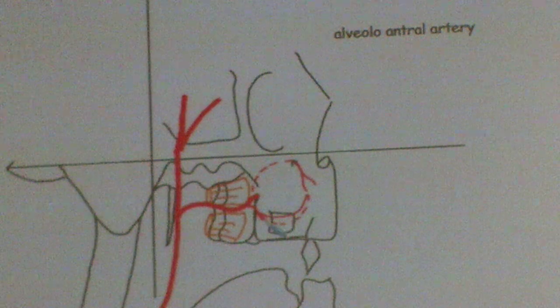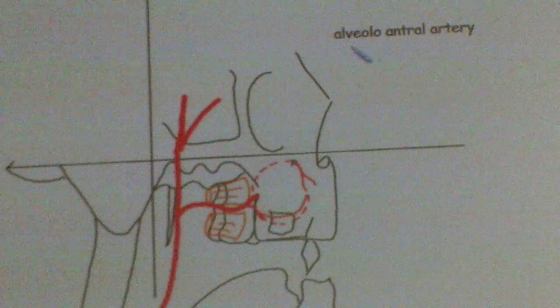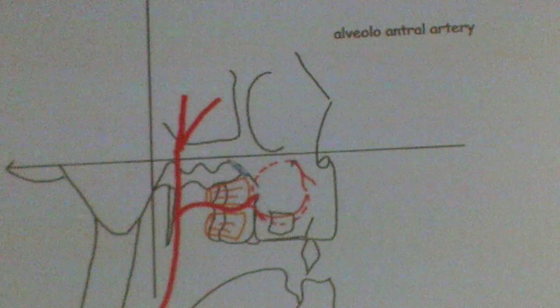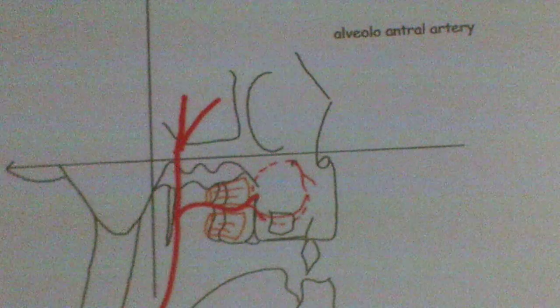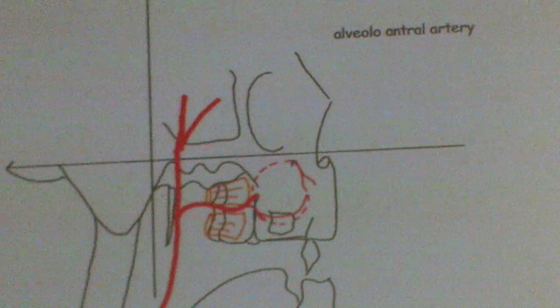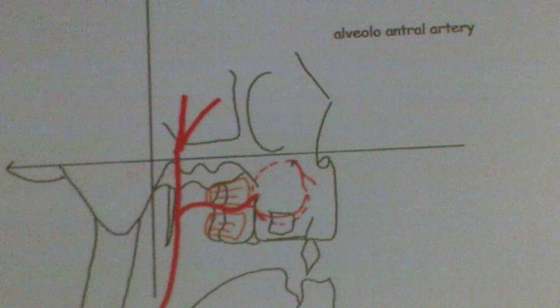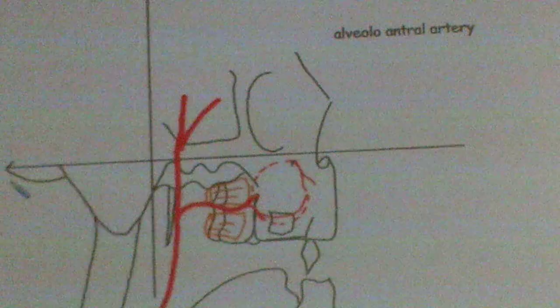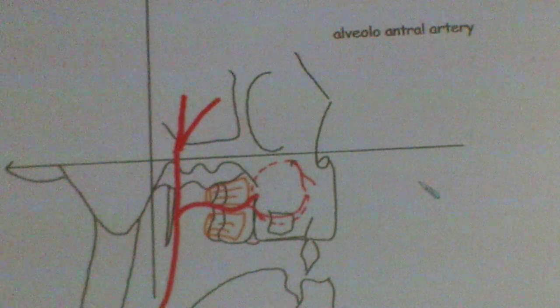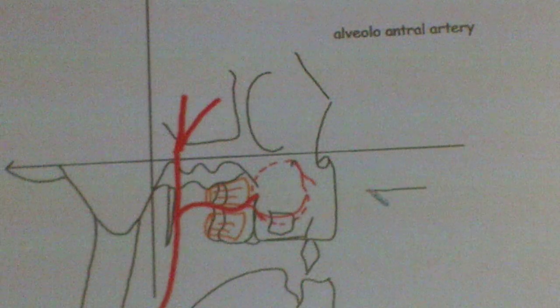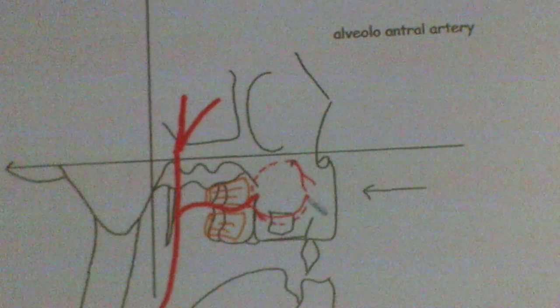In most cases, this anastomosis is located inside the bone, or sometimes between the bone and the sinus mucosa. When it is inside the bone, of course, if you make an opening here to the maxillary sinus, you're obliged to cut it.